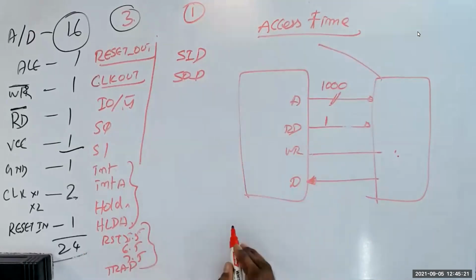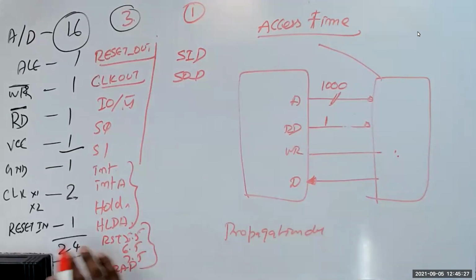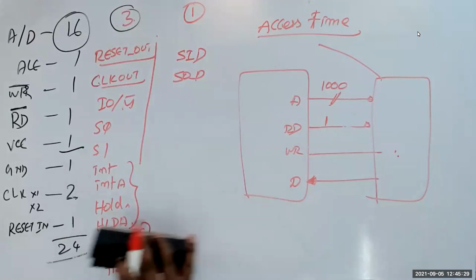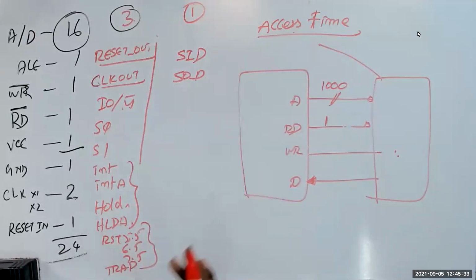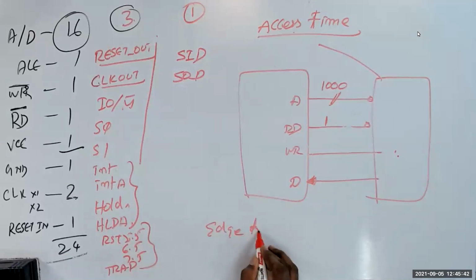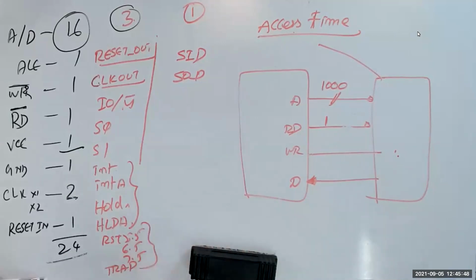Like you have propagation delay in your digital logic, there is something called access time. This is also generally asked in interviews. These are all terminologies: what is propagation delay, what is access time, what is edge triggered. There are about 10 to 20 terminologies. If you know all of them, you can pass all the interviews. That's simple.